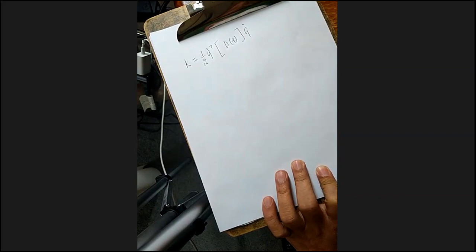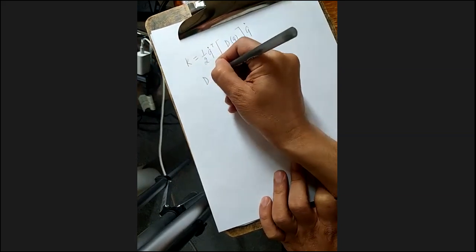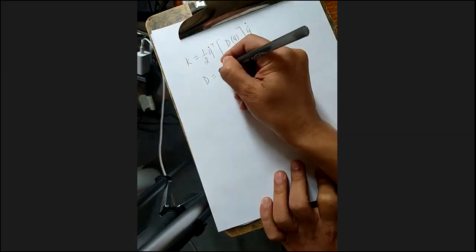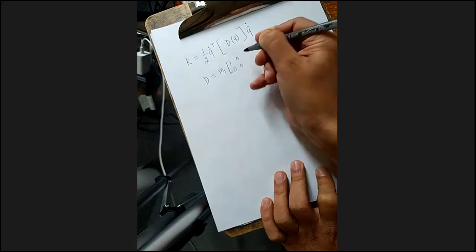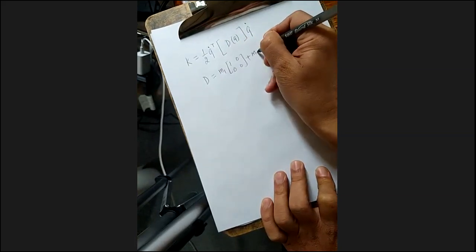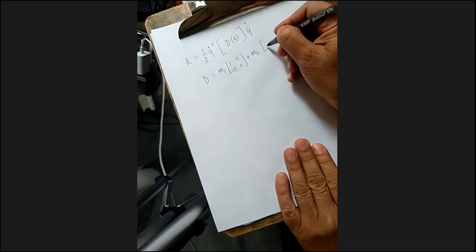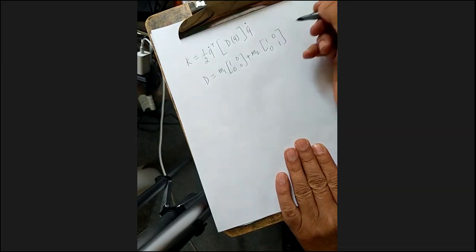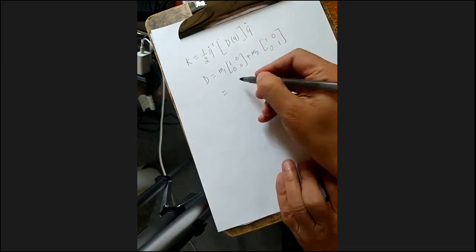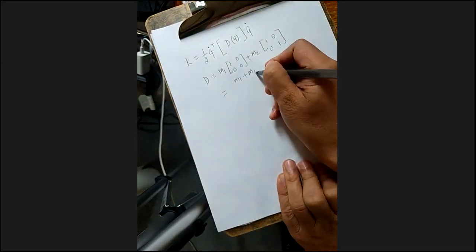All right, so what is D? We figured out D last time. D was M1 times the matrix 1000 plus M2 times the matrix 1001, and we just add them together, which gives M1 plus M2.